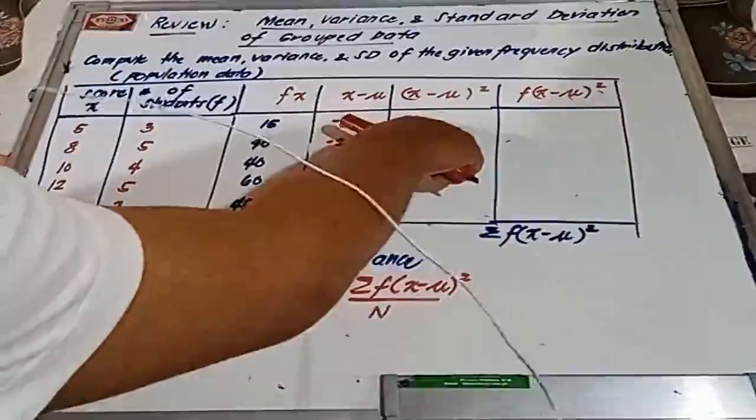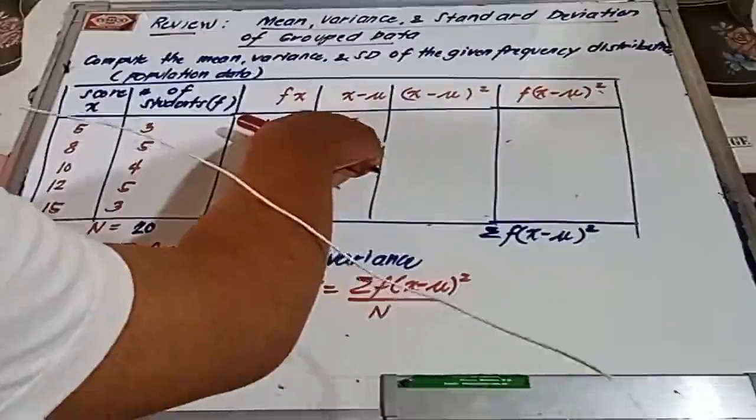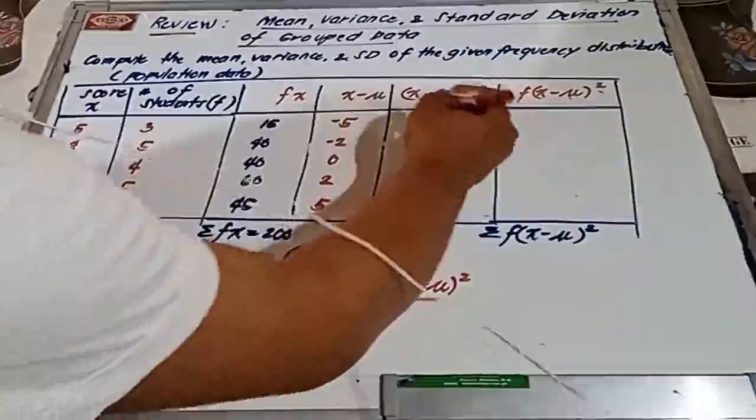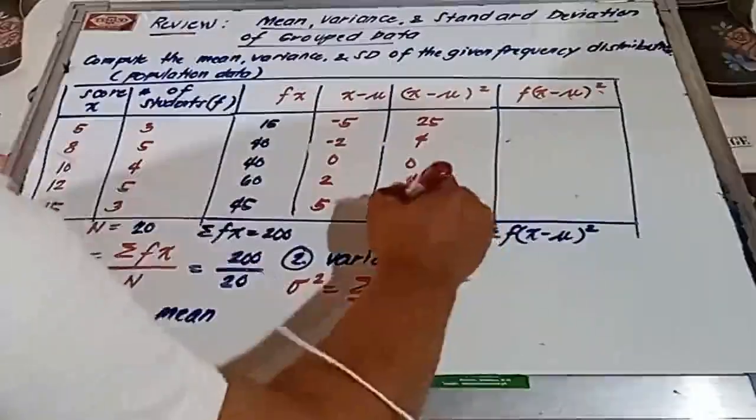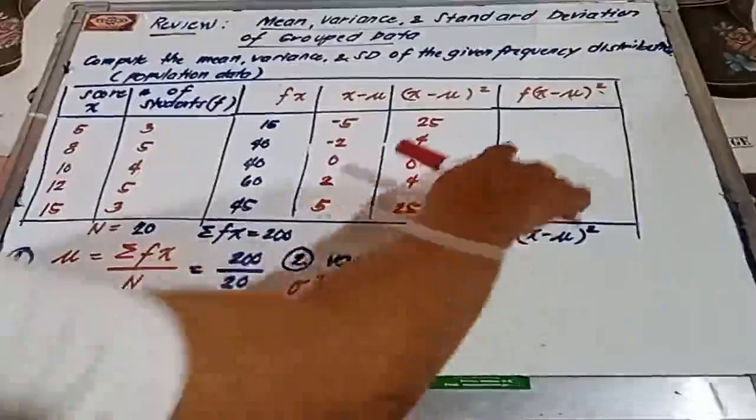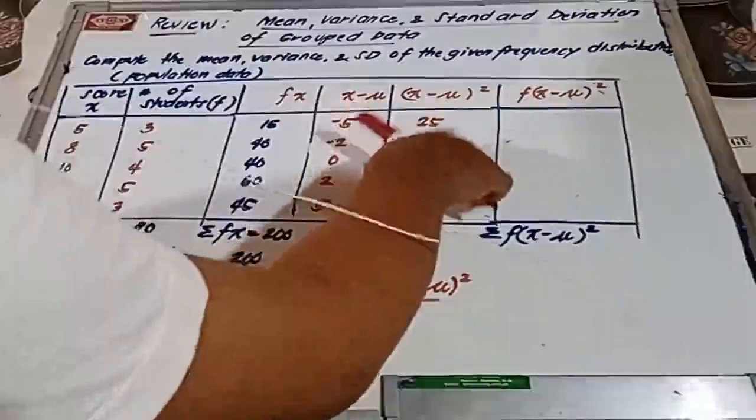Okay? Then we need the square of x minus mu. So, this is 25, 4, 0, 4, 25. Okay. Next is the product of the frequency and this column.